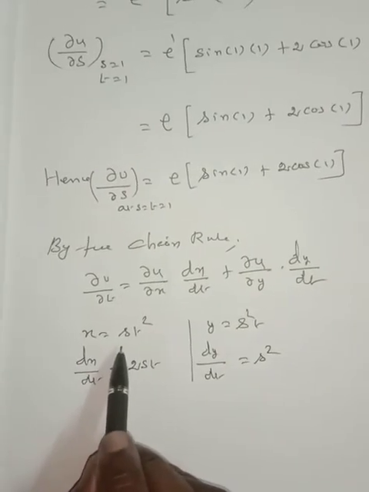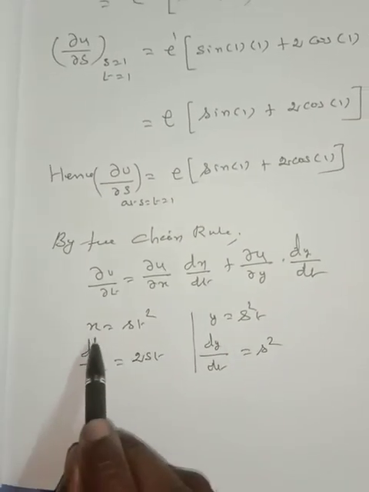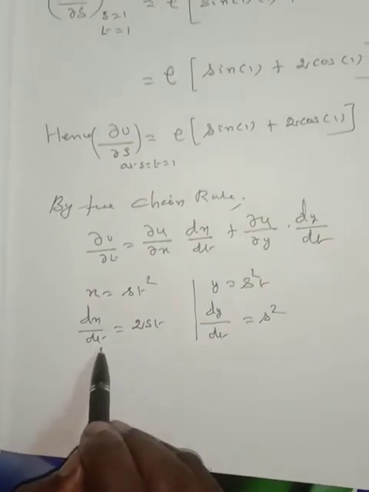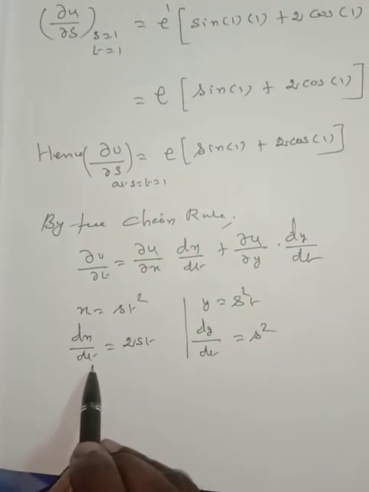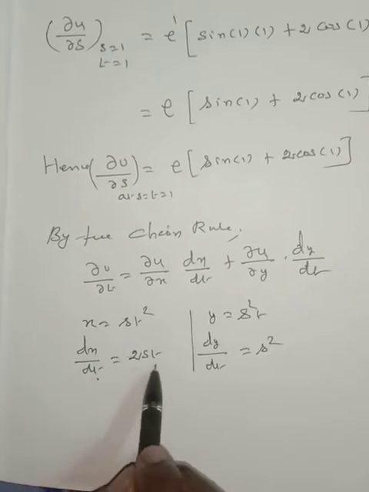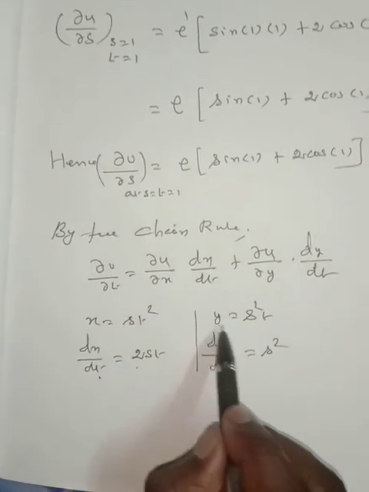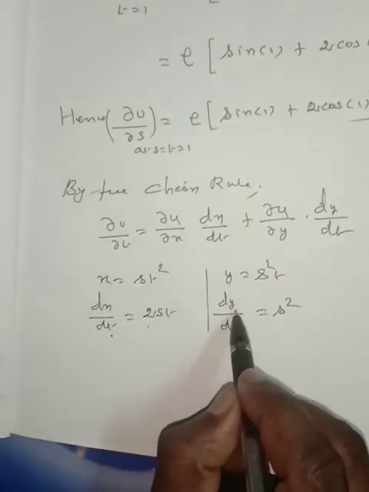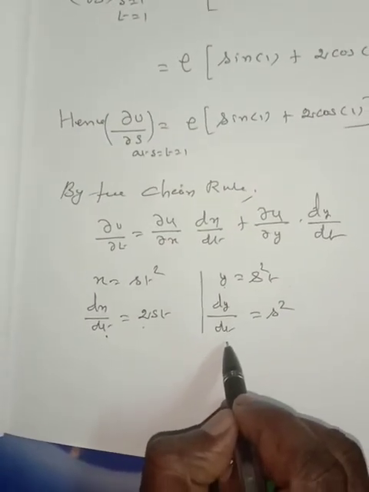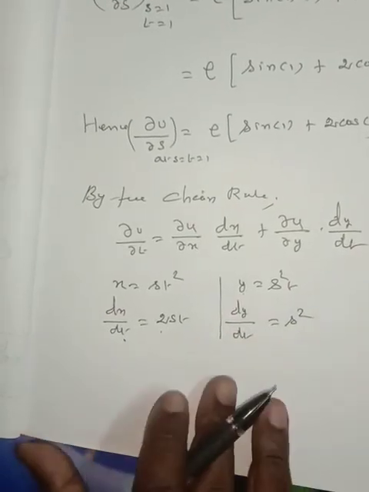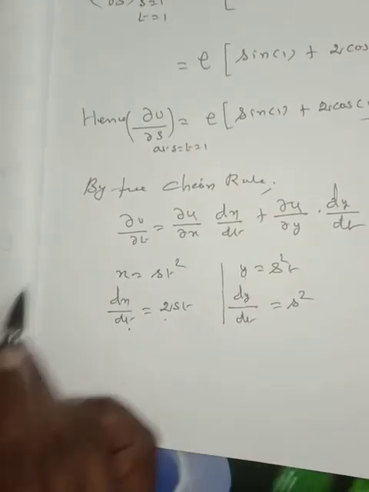Okay, dx by dt is 2t into s is 2st. Y is equal to s square t, dy by dt is s square. Right.